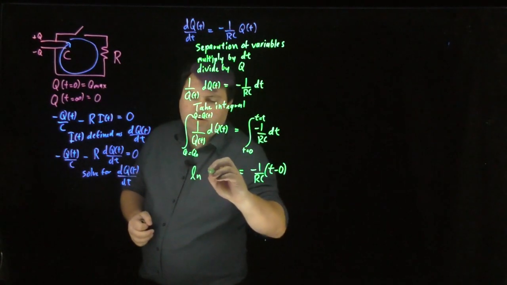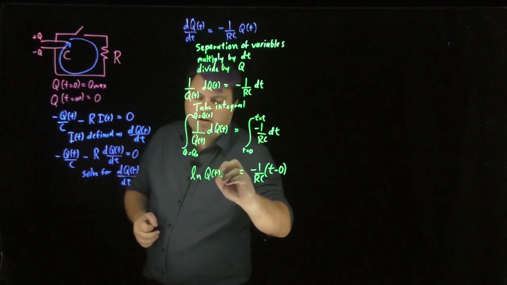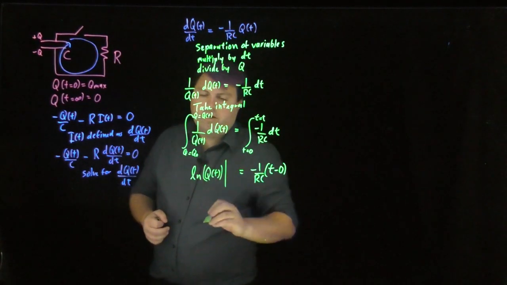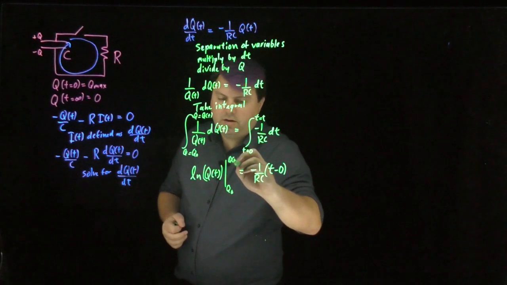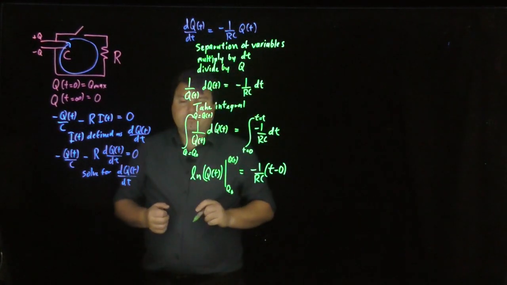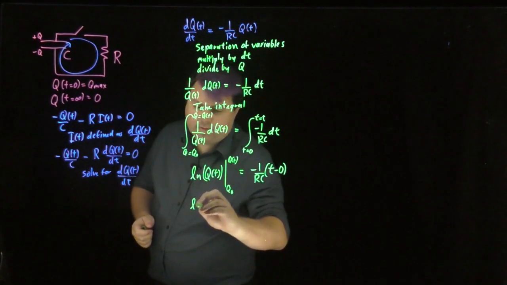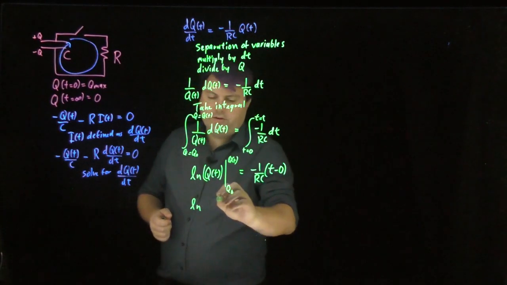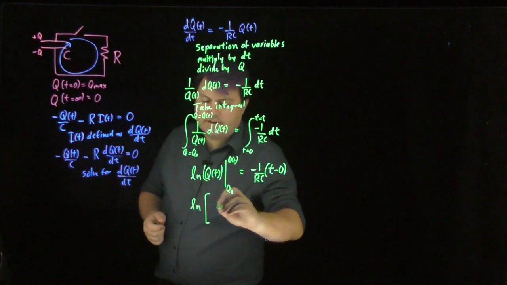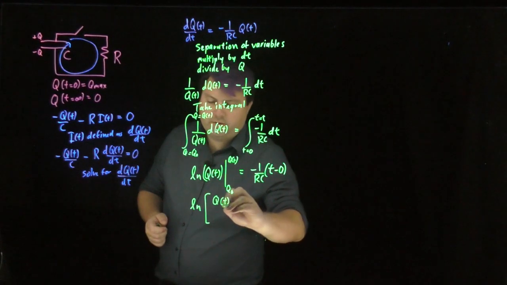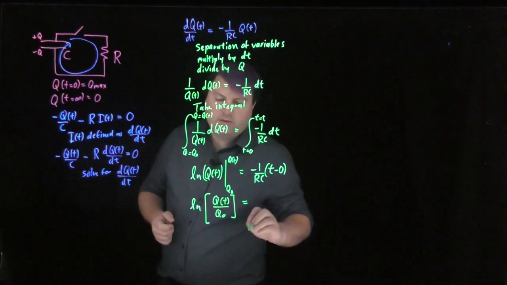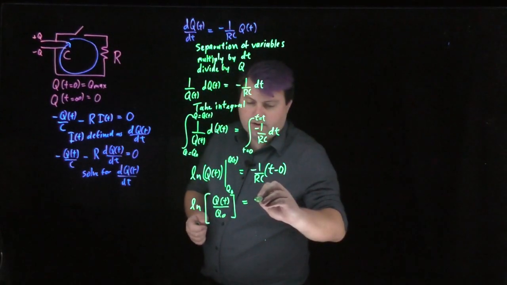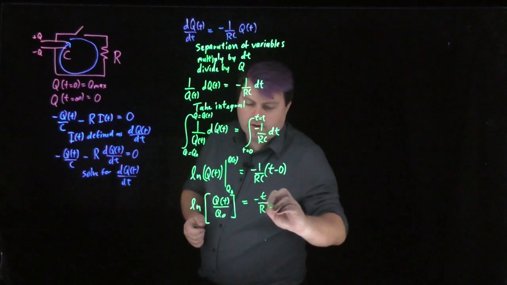So now we have natural log of Q(t), and we're going to evaluate this from Q naught to Q(t). So I can write this as either ln Q(t) minus ln Q naught, or I can write it as a ratio Q(t) over Q naught. And then this is still negative t over RC.